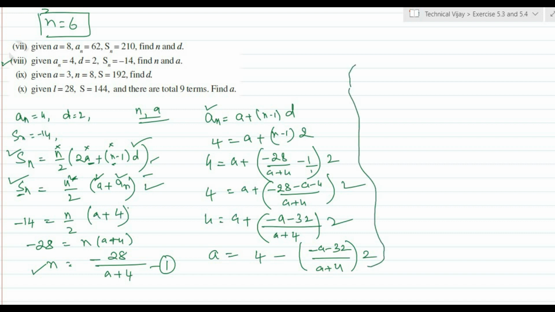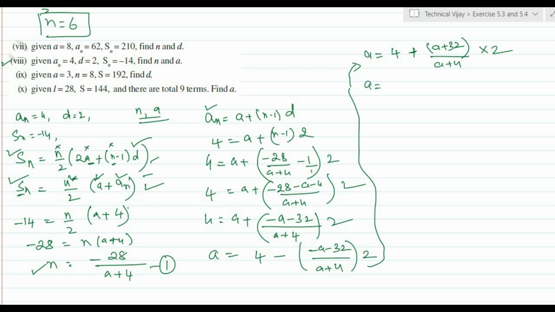Here I'll start. So A is equal to 4 minus, see here minus will be taken common. So 4 minus of minus, this will become plus. So this is A plus 32 divided by A plus 4, into 2.